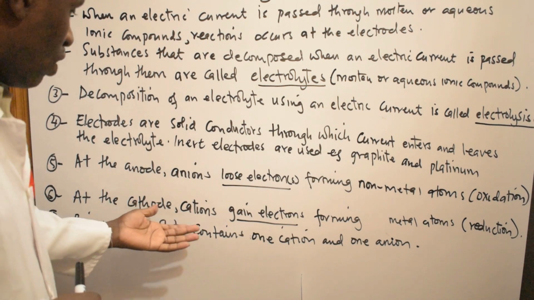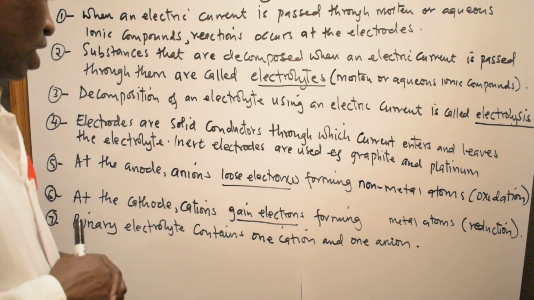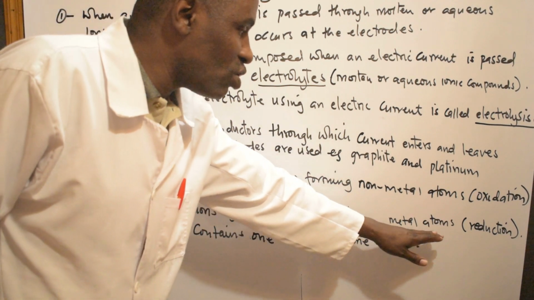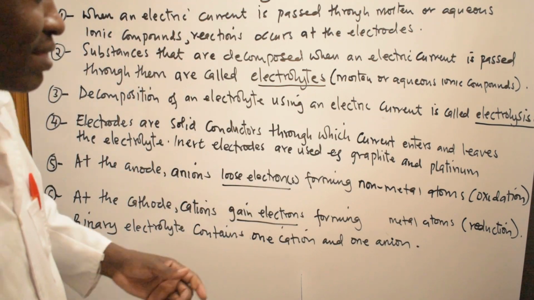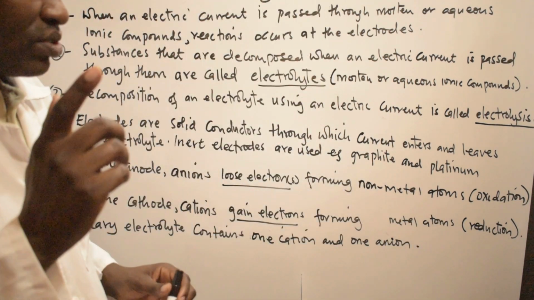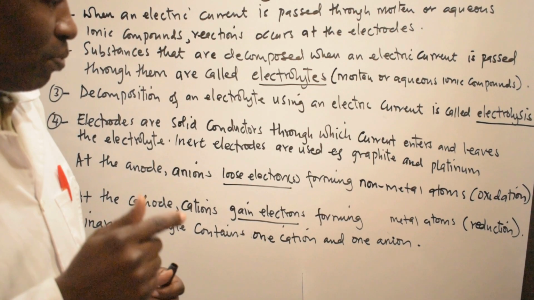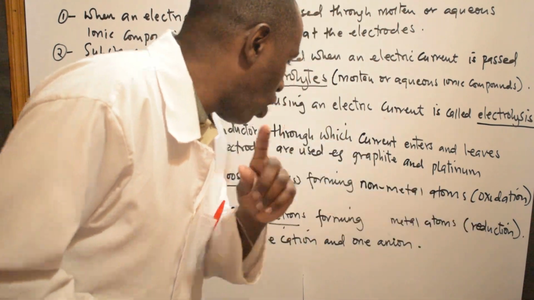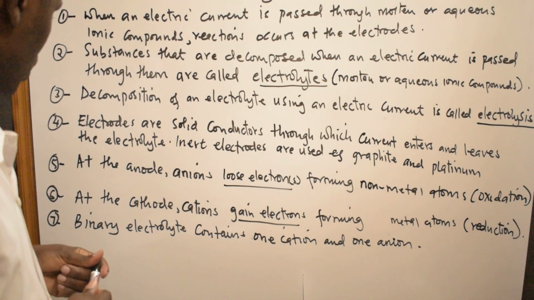And then at the cathode, the cations will be attracted because the cathode is negatively charged, and they're going to gain electrons forming metal atoms. The gain of electrons will be called reduction. It is important we know that right away. Then the loss of electrons, we'll be calling it oxidation. I'm also going to look at that maybe in our second or third lesson.